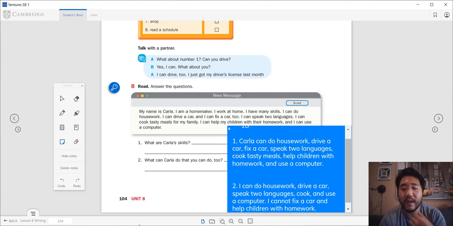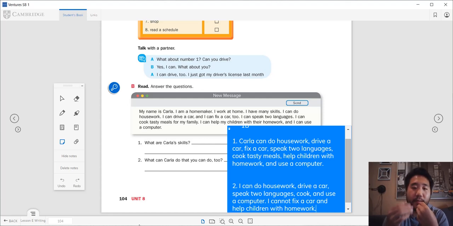The reason is very simple. I'm just not good at fixing a car, and I don't have any children. If I had children, I could help them with homework, but I don't have them. So it's not a skill that I would say I have.